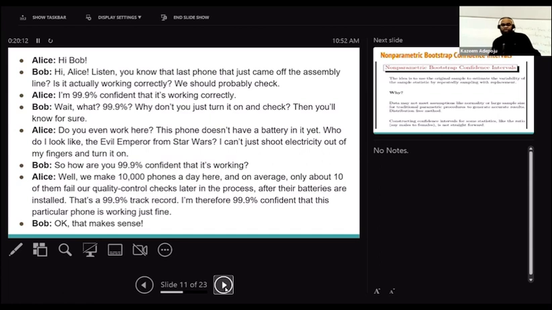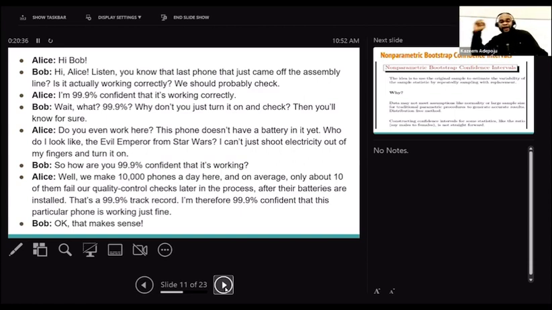But you know what Alice said? Alice was using experience. In statistics, we use what I call the principle of subjectivism: past antecedents. Alice said, we make 10,000 phones a day here, and on average, only 10 of them fail quality control checks.